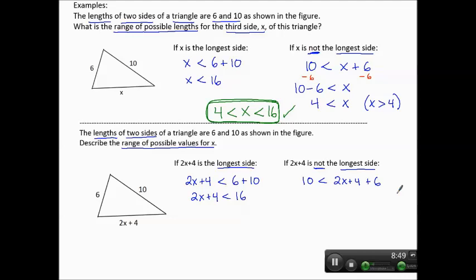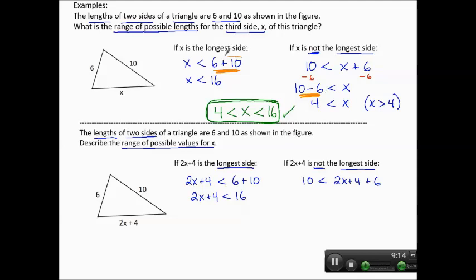Now, I want to point out something that we did in the problem above, is that we said if x is the longest, then x is less than the sum. And when x was not the longest, notice that ultimately when we got x by itself, it is greater than the difference of the other two sides, or subtracting the other two sides.